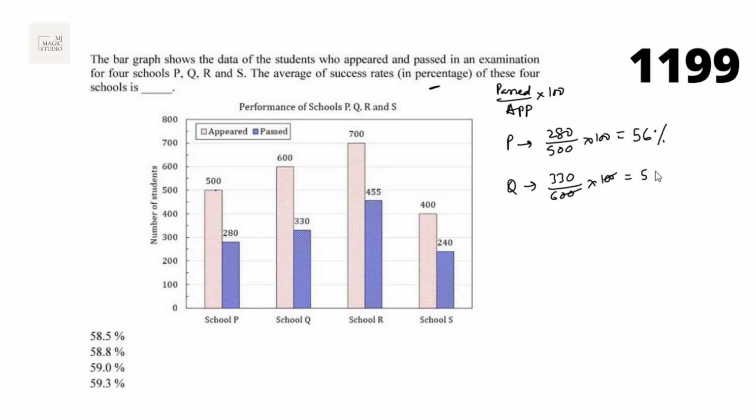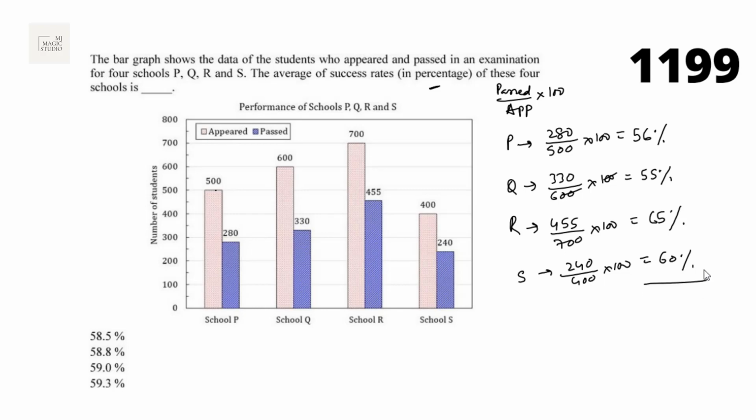For school Q it is 330 by 600 into 100. That would be 55%. School R, 455 by 700 into 100. 7 6s are 42 and 35, 65%. And S is 240 by 400, that is 60%.